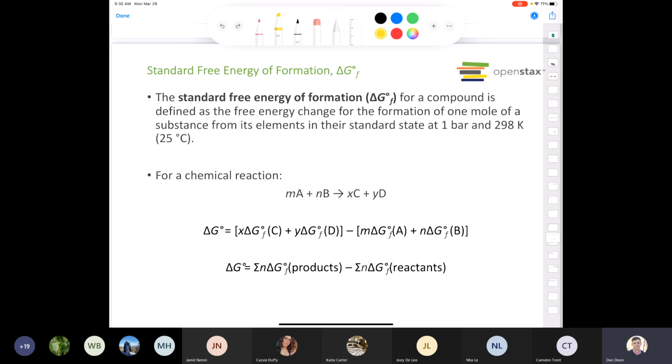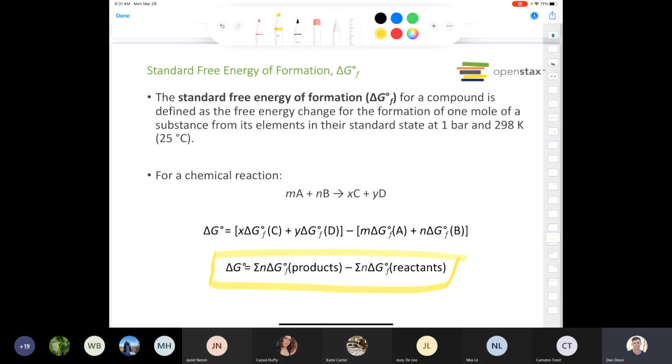So with that in mind, let's take a look at the formula for calculating the delta G of a reaction. Let's say we have a reaction like this one here. We went over this formula last class, and it's very similar to the formula we use to calculate the enthalpy change of a reaction back in the thermochemistry chapter of general chemistry 1.